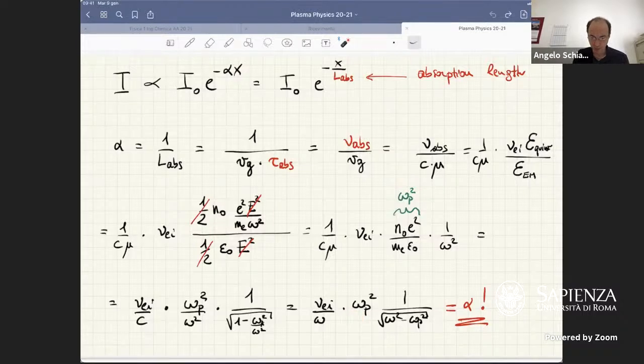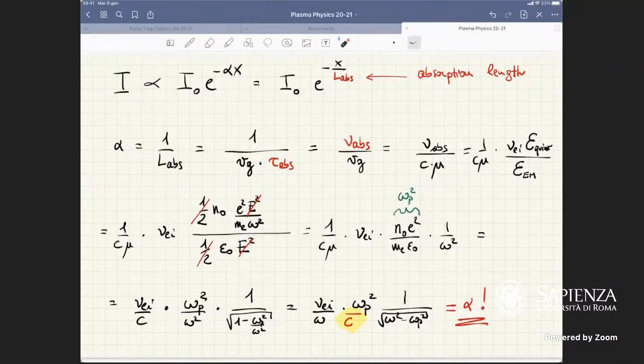And so I went back to see where this was arising. So let's put the C back where it has to be. So put 1 over C here at the denominator. Can you see it? Yes.